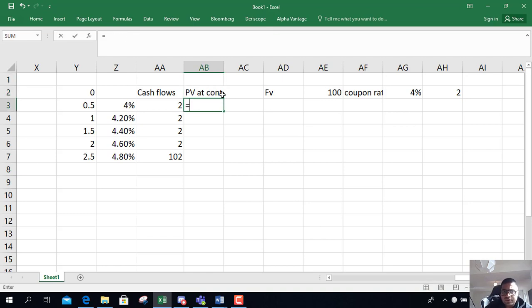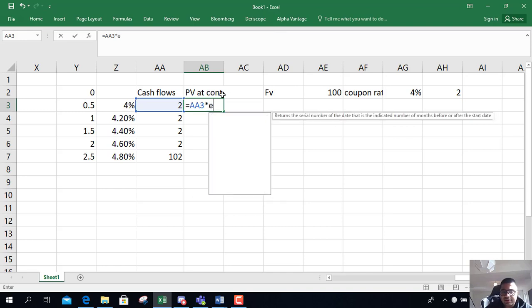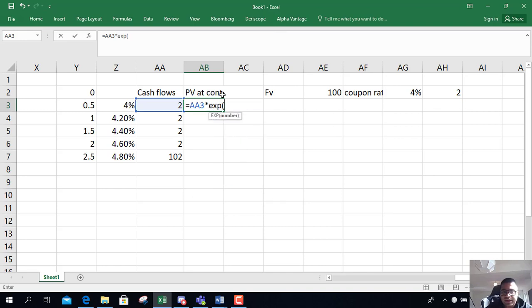This $2 you're going to get is continuously compounded. With continuous compounding, whenever we discount we use the minus sign, whenever we compound we use the plus sign. Since we are bringing it back to the present, we are discounting, so it should be a negative sign.